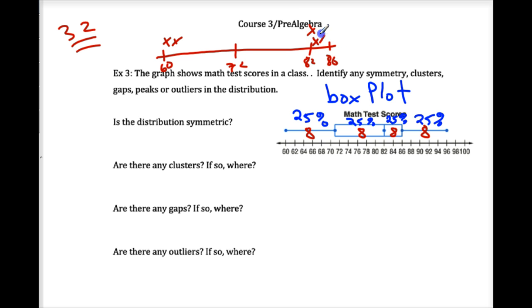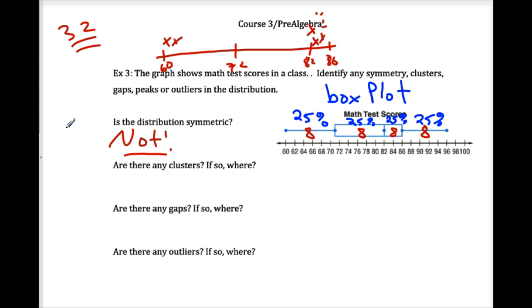There'd be 8 spread out. So it is not symmetrical. Okay, for it to be symmetrical, all the whiskers and the rectangles would be exactly the same size. The picture would have to look symmetrical as well.